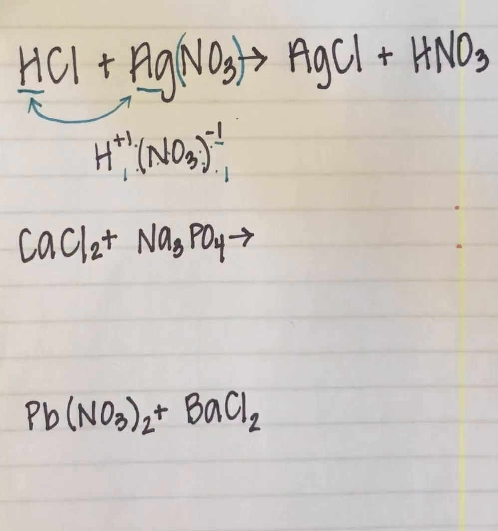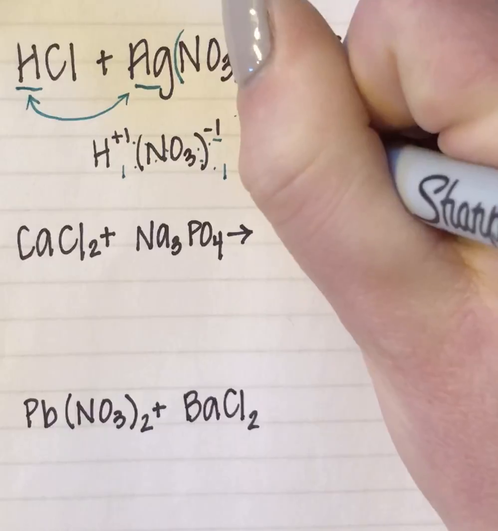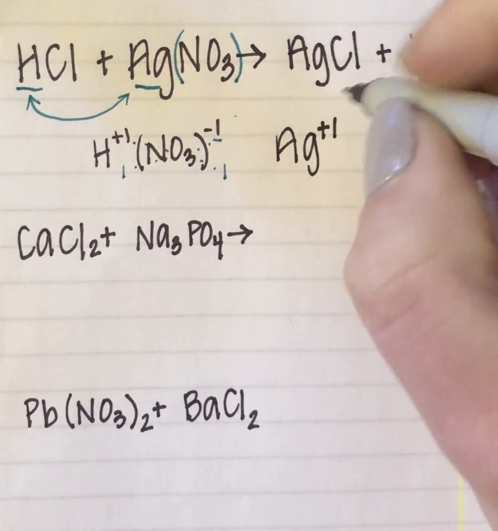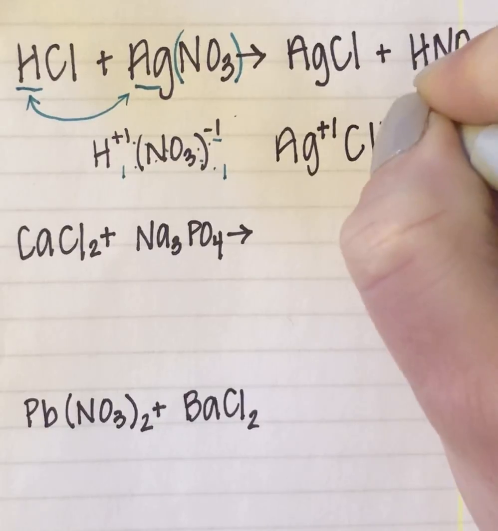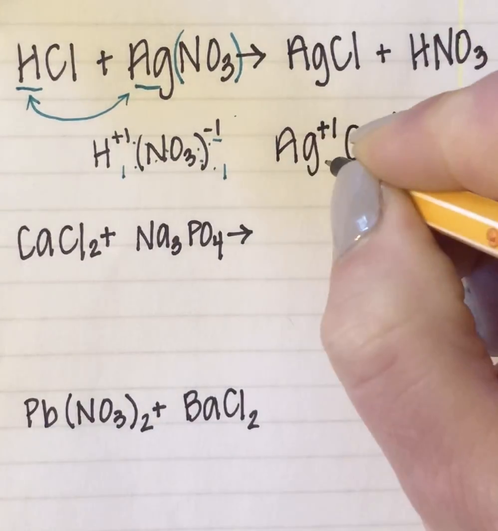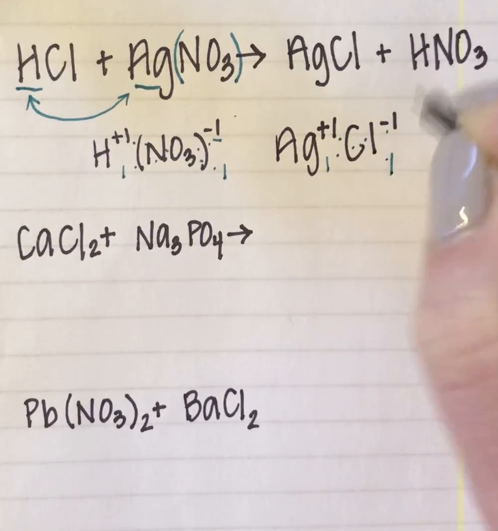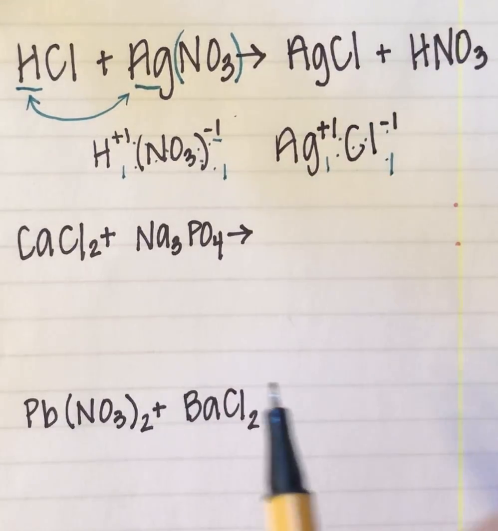With silver chloride, we know based off our periodic table that silver is +1, chlorine is -1, and so when we do that crisscross again, we get a 1-to-1 ratio, so this is correctly written.